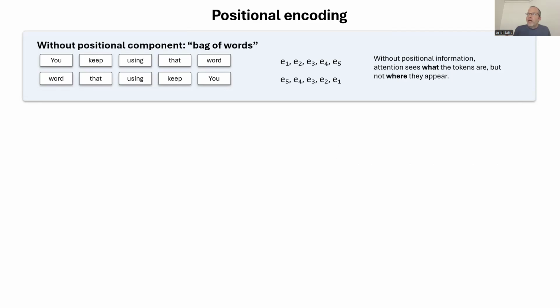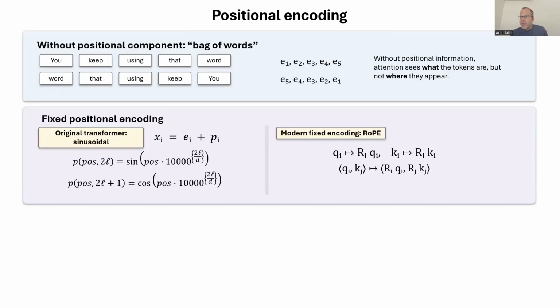We want the order of the words to have meaning, and that is why we add an element that corresponds to the position. Here we had a couple of variations of how to represent word position. Originally, in the paper Attention Is All You Need, and in the first couple of years after that, it usually used a fixed positional encoding.